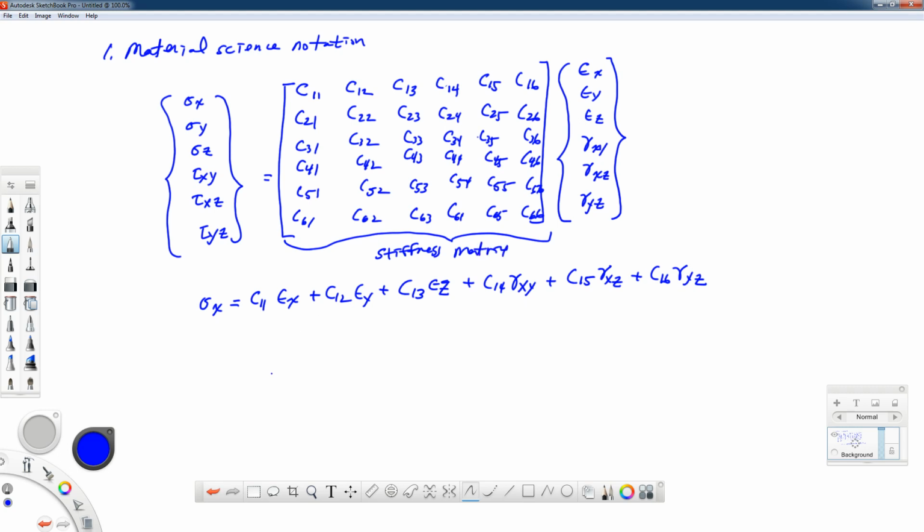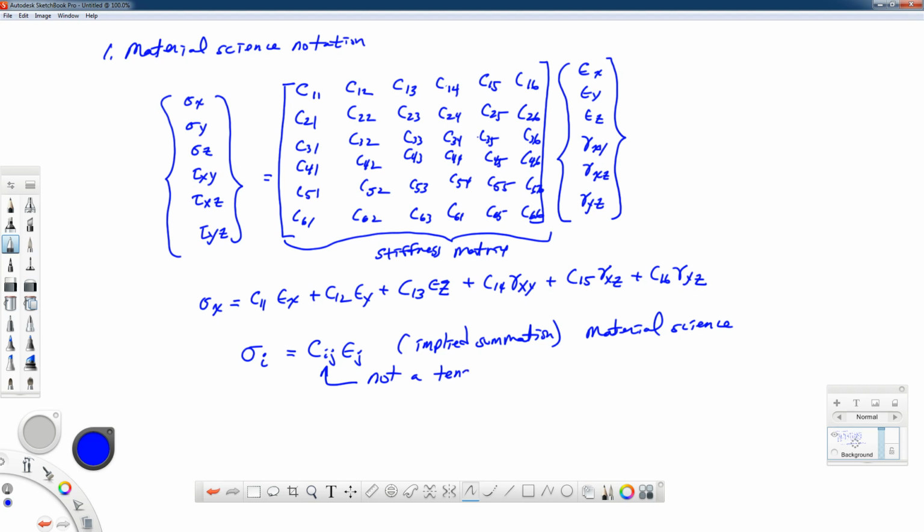We can even use our index notation to compact this a little bit. If we call our vector of stresses sigma i, we can say that it's equal to C_ij epsilon j, where we have the implied summation notation. And again, I do want to emphasize that this is material science notation, and what that means for us is that this is not a tensor.